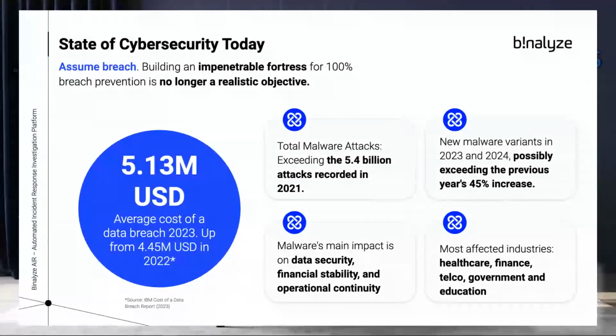So we see this trend increasing year by year. The total malware attacks exceeded 5.4 billion in 2022, and from 2022 every year the increase in total malware numbers is growing close to 40-45%.